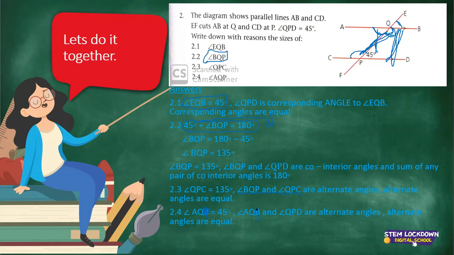They are opposite, and alternate angles are equal. They have the same degrees. They are opposite to each other. We can see that right here. Correct. So now let's move on to the next question.